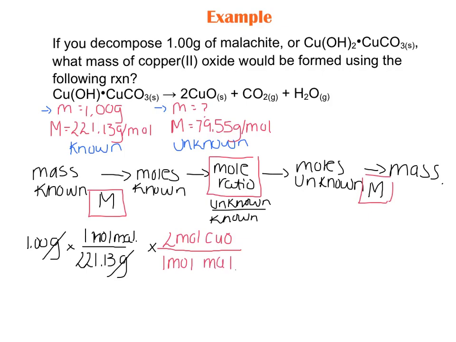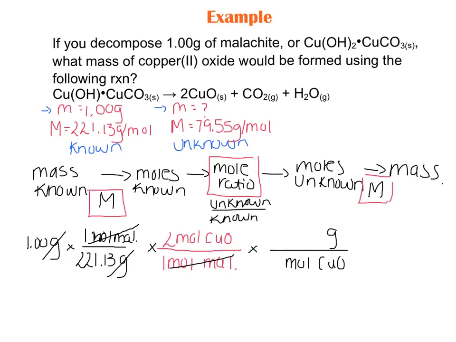All right, now once again, we have some unit cancellation there. We got rid of our moles of malachite, and we're left with moles of copper oxide. But that's not what we're asked to solve for. We're asked for mass. So we need to go from moles to mass. All right, so we need to cancel out the moles of copper oxide, and we're looking for mass, which is the unit of grams.